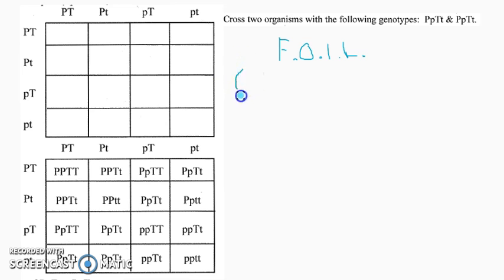And so what we'll do is we will take these two genotypes and we will write these out here. So we'll take capital P, lowercase p. Again, this is our heterozygous. And then we'll take capital T, lowercase t.